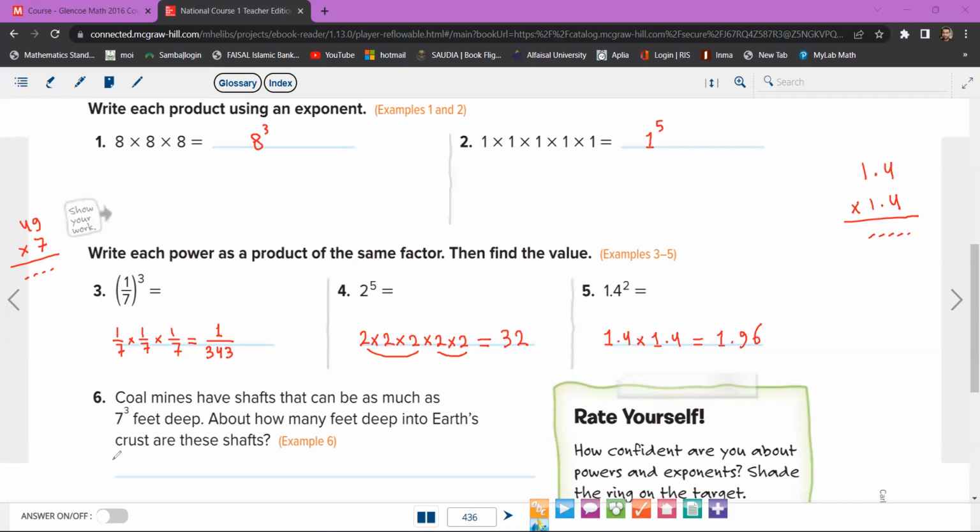So 7 to the power of 3 means 7 multiplied by 7 multiplied by 7, and we need to find the value. So 7 times 7, 49, times another 7 will give you 343 feet.